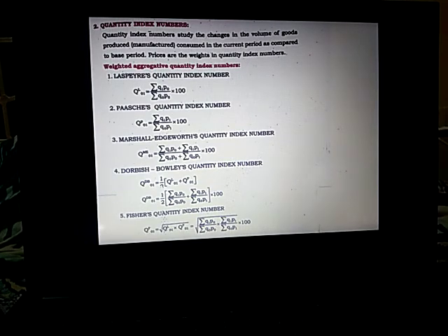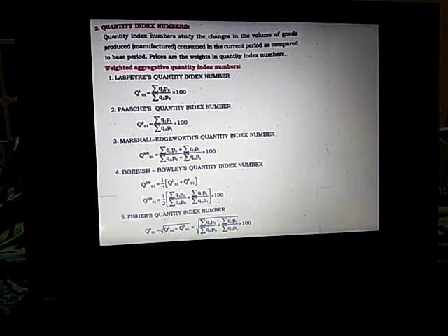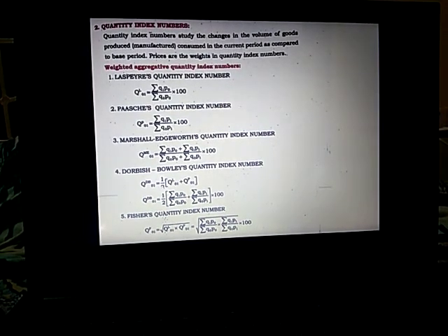This is for Laspeyres quantity index number. For Paasche's quantity index number, the formula is QP01 equals summation Q1 P1 divided by summation Q0 P1 into 100. Marshall-Edgeworth's quantity index number is summation Q1 P0 plus summation Q1 P1 divided by summation Q0 P0 plus summation Q0 P1 into 100.